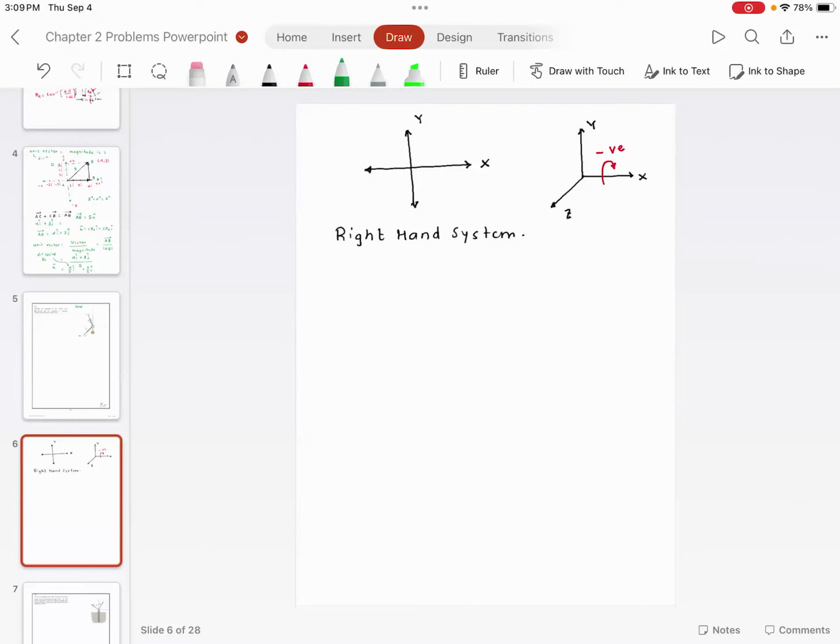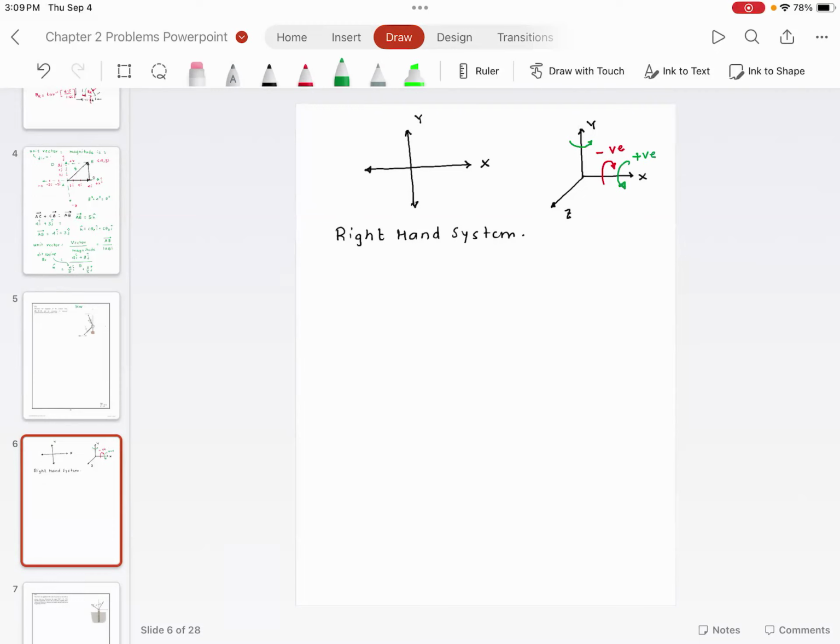Now, if you curl your fingers something like this, in the direction of rotation, you notice the thumb is pointing towards the positive X-axis. So this rotation is positive. Similarly, if you look at the rotation about Y, curl your fingers in the direction of rotation.